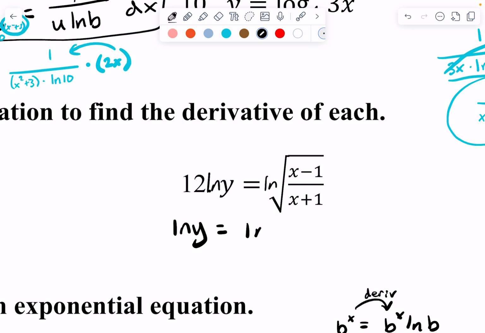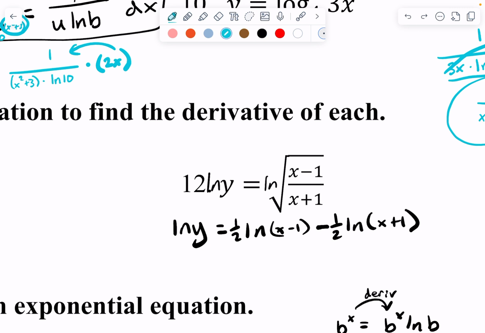But this would be like ln of x minus 1 minus ln of x plus 1. But since all of that is underneath the square root, the 1/2 power gets applied to each one of them. So it's like this is to the 1/2 power, this is to the 1/2 power, right? Because they're both underneath. And then that 1/2 comes down in front. So I'm going to do that now.